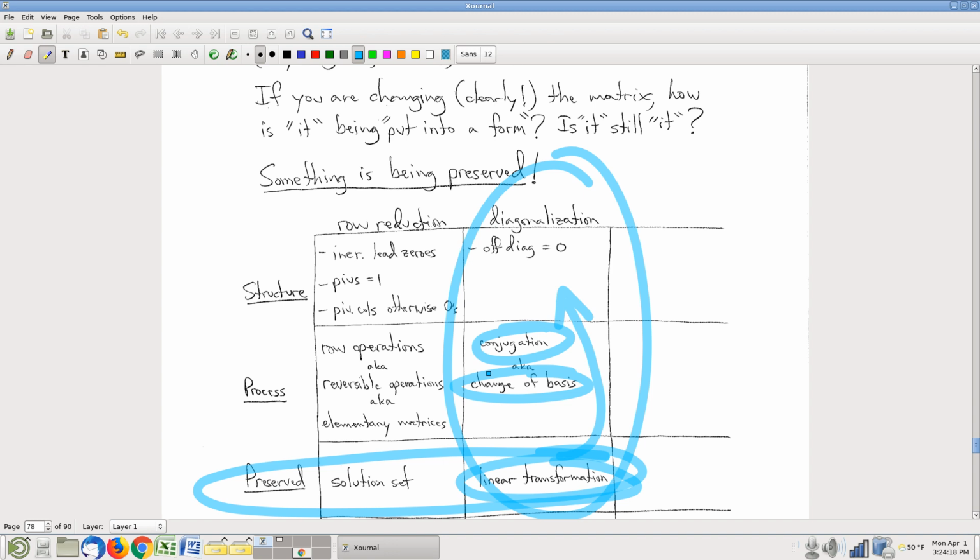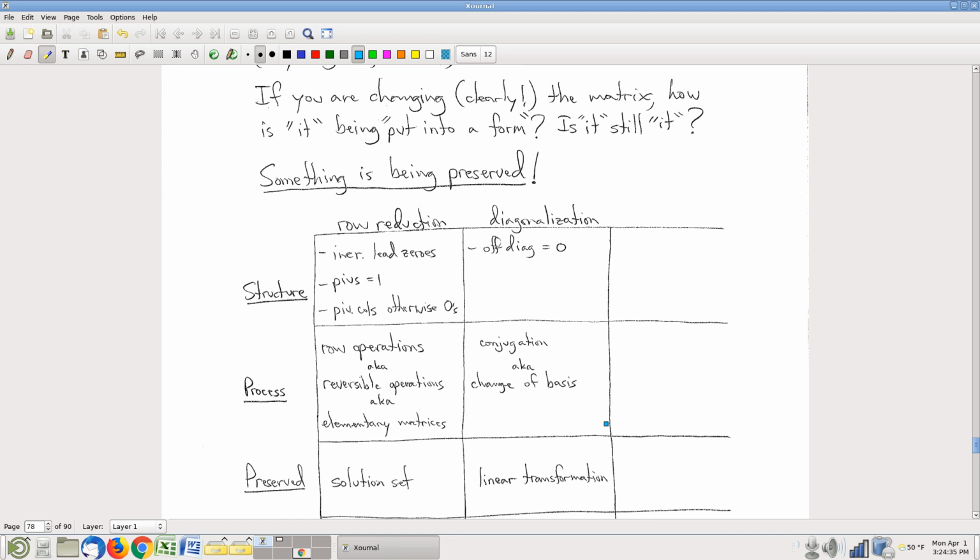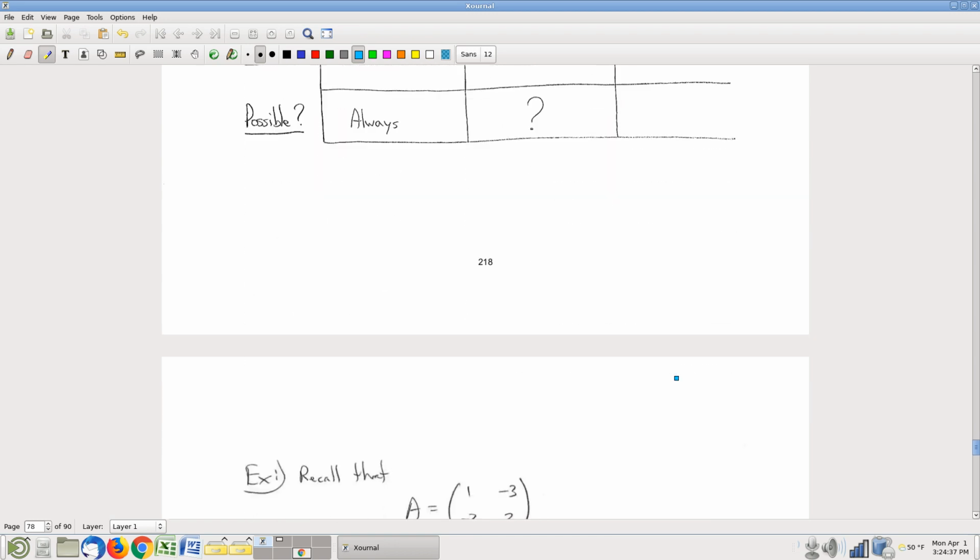And so this process of doing conjugations and change of basis to get into diagonal form is just so that we can understand what we really care about in a more convenient way. We're not really changing the thing that we're interested in. Okay. All right, so there was a lot of discussion on that last time.